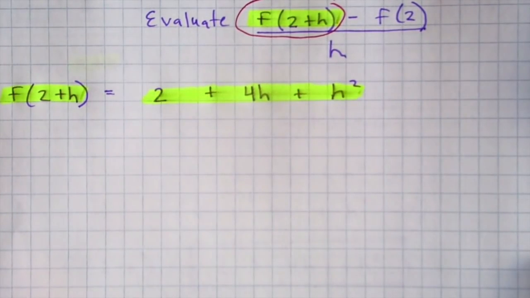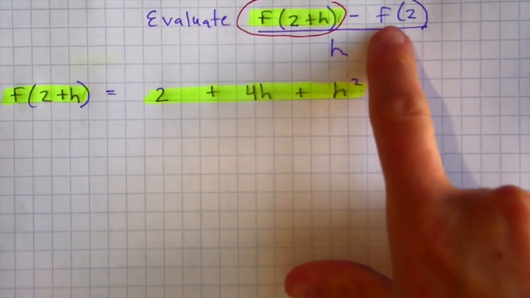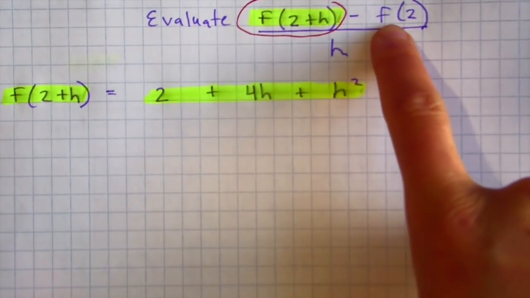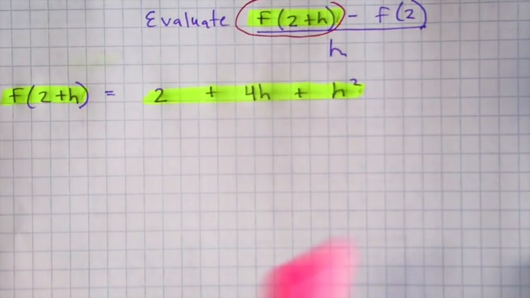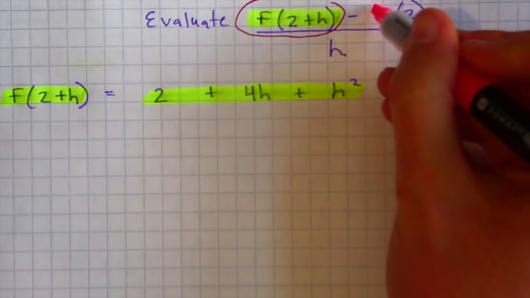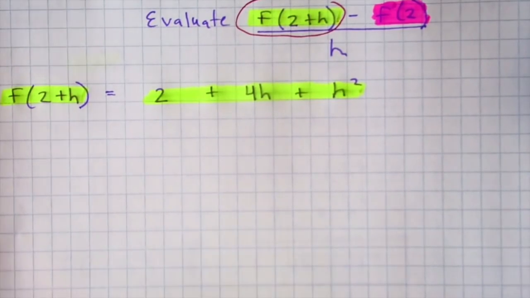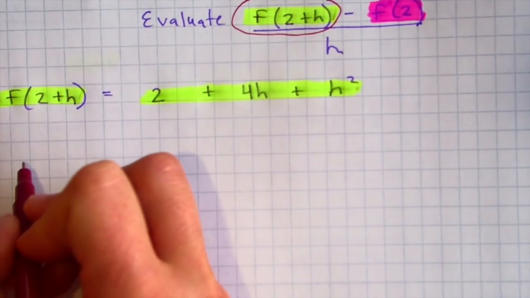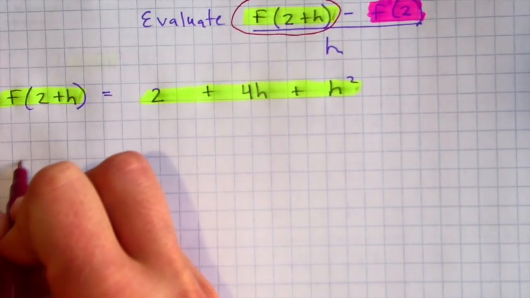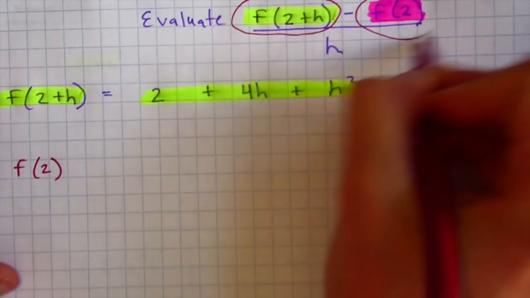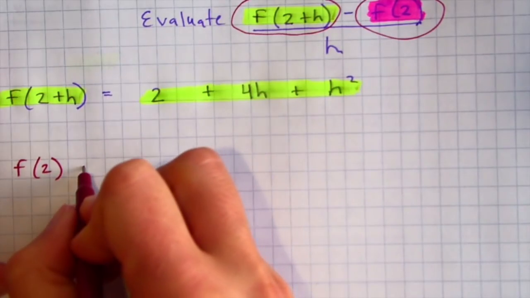Now I'm going to pull the next piece of my expression that I'm trying to evaluate, which is f of 2. And I'm only going to focus on f of 2. I'm not going to worry about putting it all together yet. So I'm evaluating this piece here. How am I going to evaluate that?